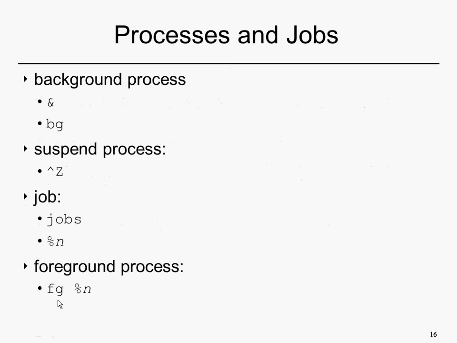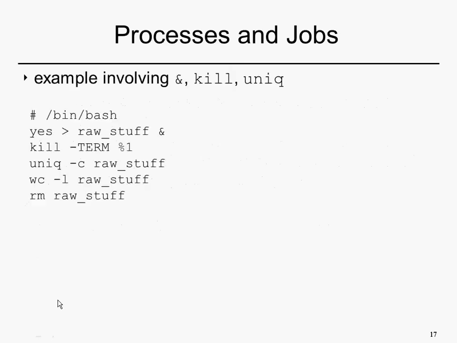Okay? So that turns something that was put aside into something that's front and center now. Okay? I can also change the priority for things. I think I'll leave that for now.